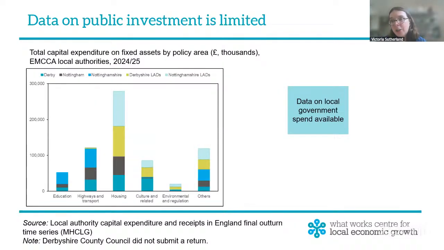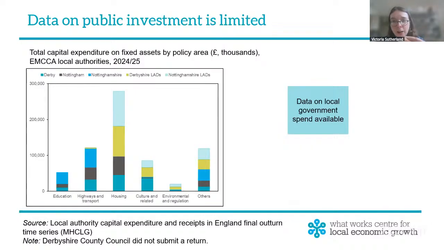You can then get other kinds of data, but in those cases, it doesn't tell you the full picture. For example, MHCLG publishes data on local authority capital expenditure and receipts. And when it says local authorities, it's actually not just the districts, the unitaries and the counties.